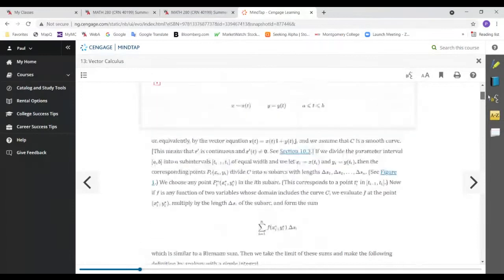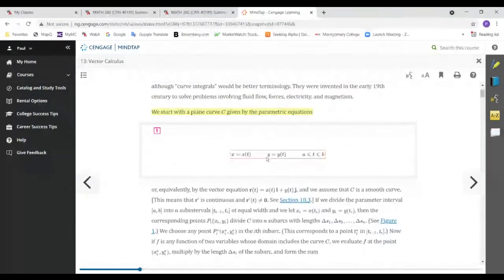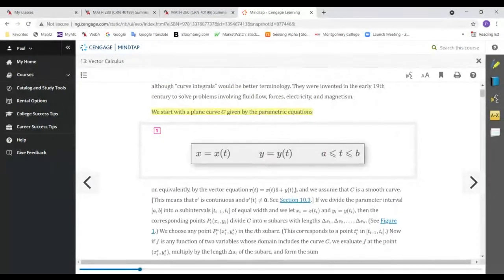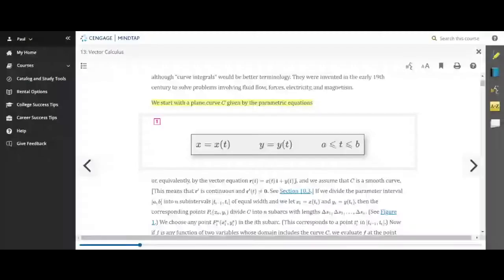So, for instance, the parametric equations, you can represent them. Hold on here. Somehow I lost the ebook. Let me get it back. Okay.